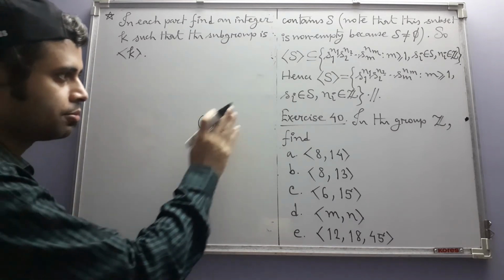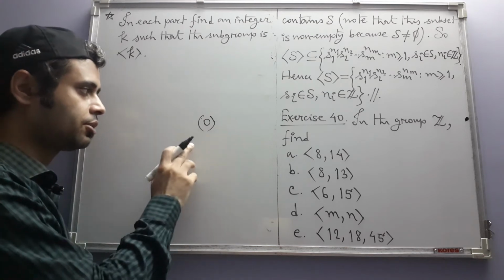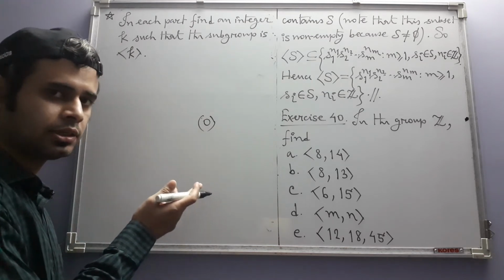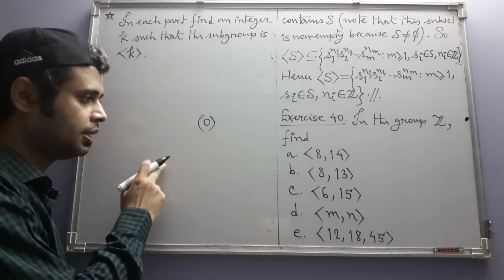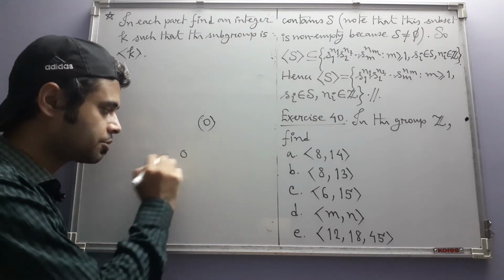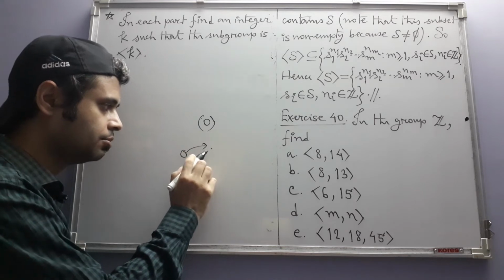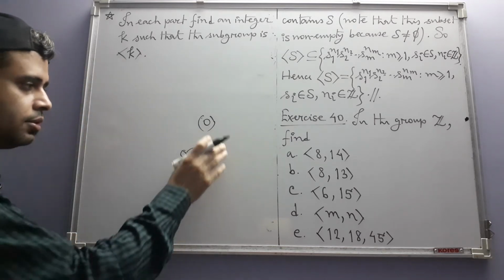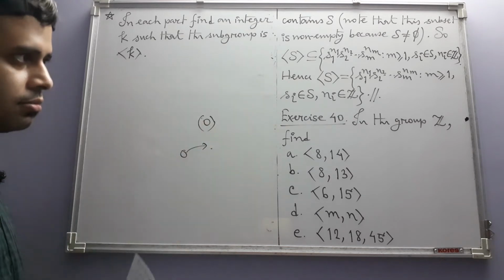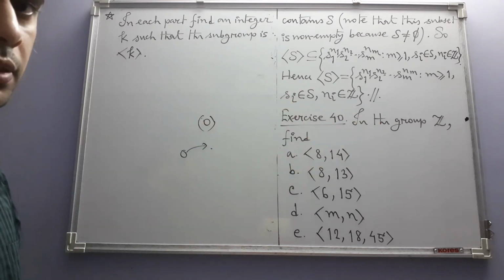Any other subgroup of Z must contain at least one non-zero integer, and hence it must contain a positive integer. If you find the smallest positive integer in that subgroup, that one will generate the subgroup. Every subgroup of this group is cyclic.